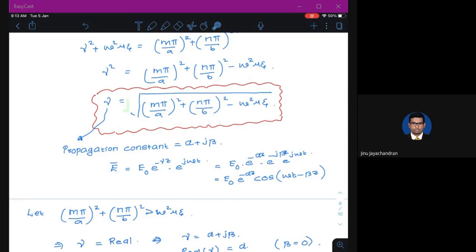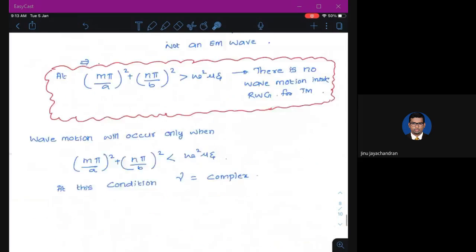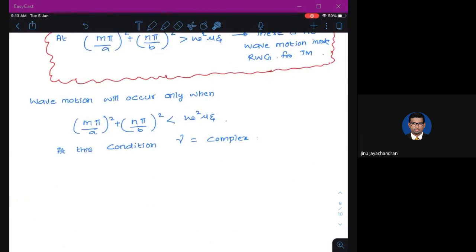Root of negative value is j times some real value. So only in this condition will wave motion occur. Or there is a cutoff condition, which is (mπ/a)² + (nπ/b)² equal to ω²με.